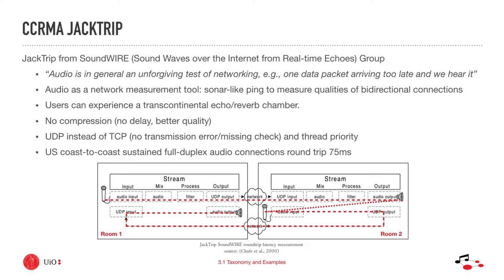And here we can actually check the delay between the ping, the pulse that we transmitted, and the one that we received back. What is also interesting is that the ping that we're receiving back has been reverberating or echoing in the second room, and therefore this is an interesting opportunity to use this type of solution as a kind of transcontinental echo/delay/reverberation chamber.